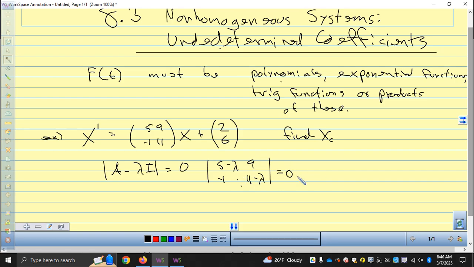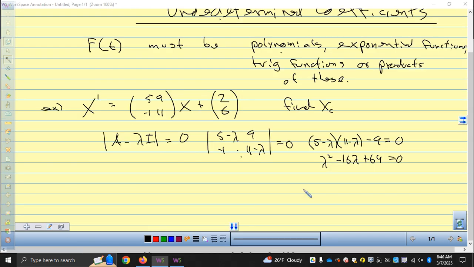This gives us 5 minus lambda times 11 minus lambda, plus 9 equals 0, which becomes lambda squared minus 16 lambda plus 64 equals 0.